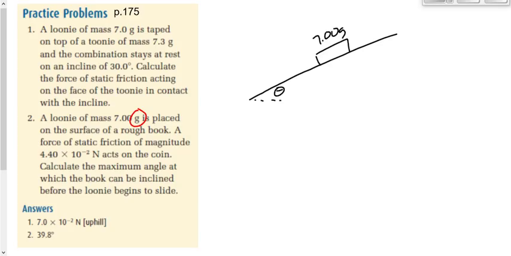The maximum force of static friction: if we're at the maximum angle, then we're experiencing the maximum force of static friction. So we're going to say, actually, let's make that another color here.